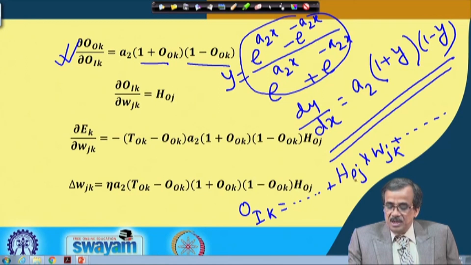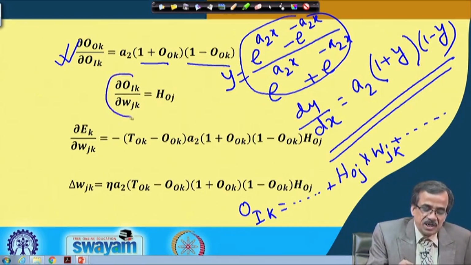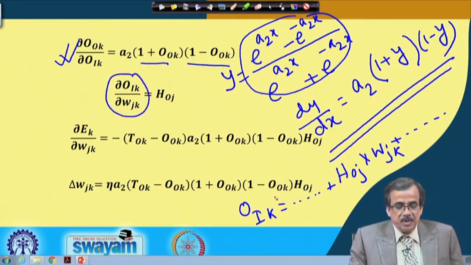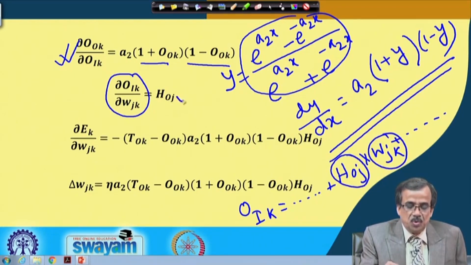This is the output of the jth neuron lying on the hidden layer multiplied by the connecting weight w_jk. If I find the partial derivative of O_Ik with respect to w_jk, I will definitely get H_Oj.